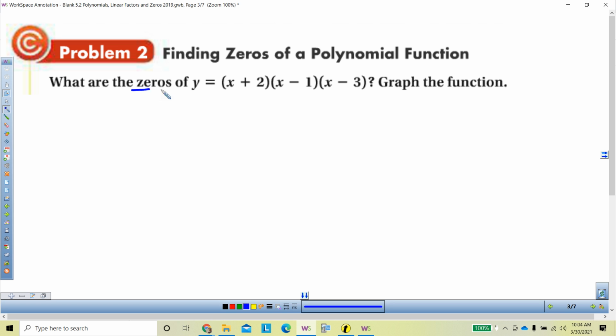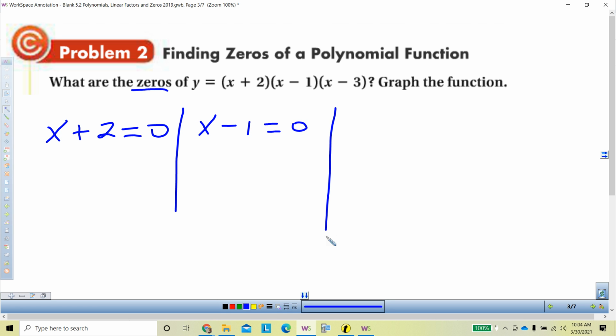So we need to get the zeros, right? Which means we need to set the parentheses equal to 0. Okay? So that should make crystal clear common sense to you. So you just write x plus 2, each parenthesis equal to 0.